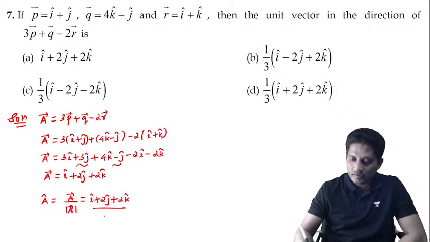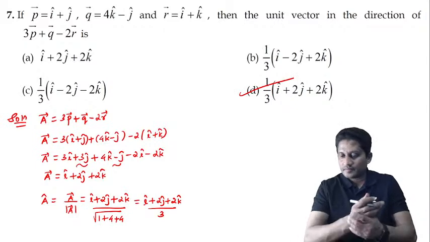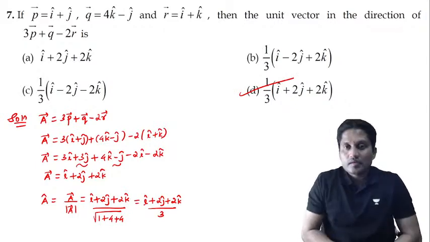Modulus of a is root of 1 plus 4 plus 4, which is root 9, that is 3. So this is i plus 2j plus 2k, whole divided by 3. Answer is option D. Right, let's move to the next question.